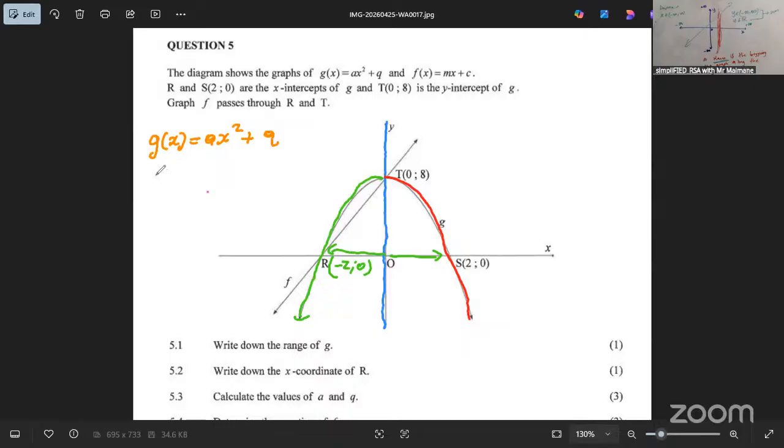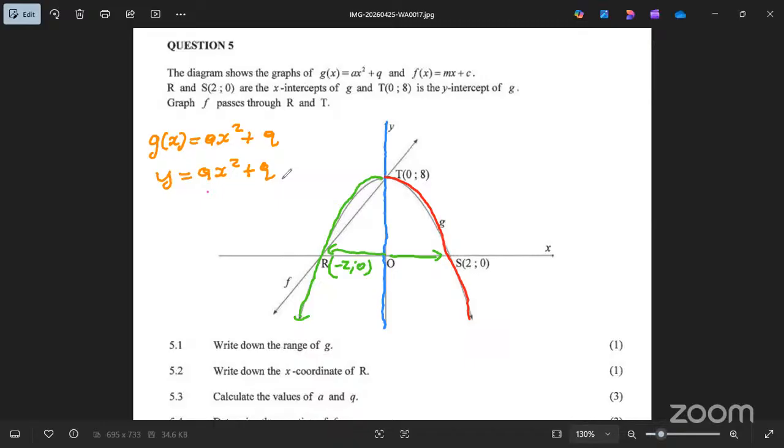And you know that g of x is the same as y, so I can just write it as y is equal to ax squared plus q. What is the value of q? Since we know that T is the y-intercept, is it not 8? Q will be 8. Does everyone agree that q is 8?